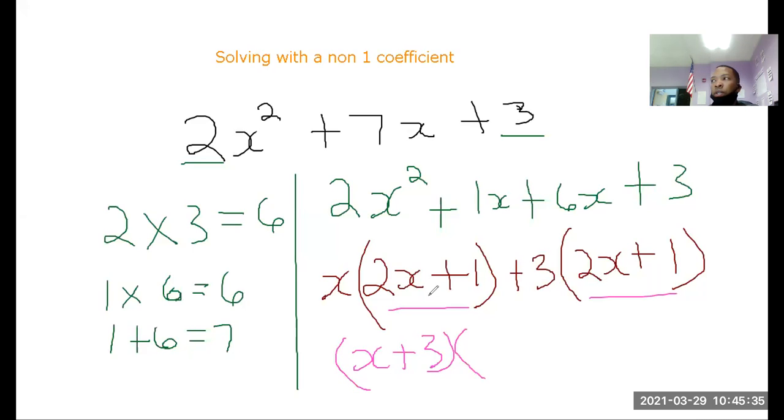And then since these two are the same, I just put one of them. And just to recap a little bit, if this was equal to a 0, then we would solve and find what x is.